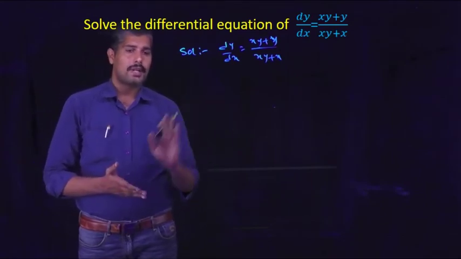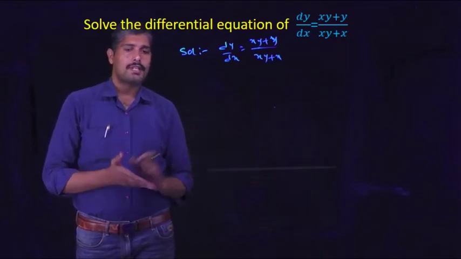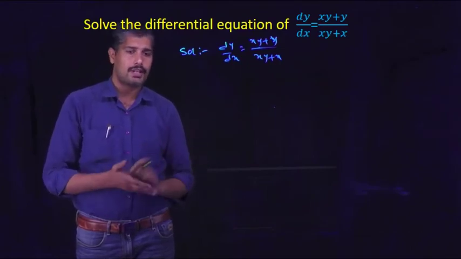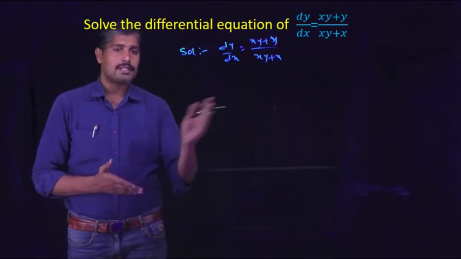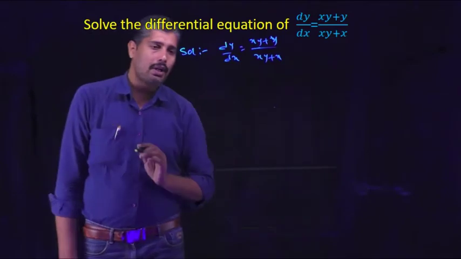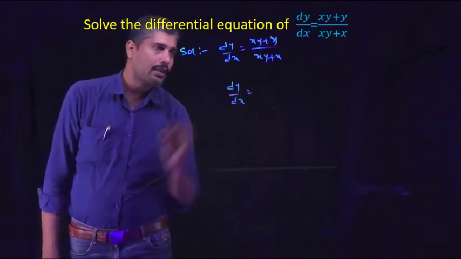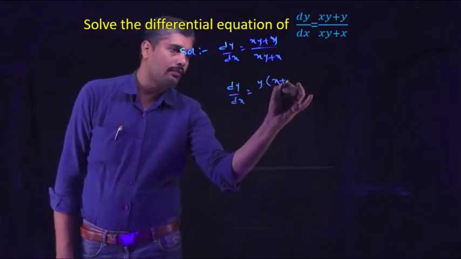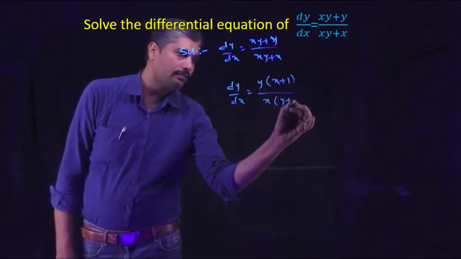Anything he has not mentioned. We just find out how the problem can be solved, by the variable separable method or homogeneous, non-homogeneous, linear differential equation or Bernoulli's equation. We identify whether it is separable or not. That is our choice. Is this possible? Say dy/dx = in the numerator we take y common, that is y(x + 1), in the denominator we take x common, that is x(y + 1).